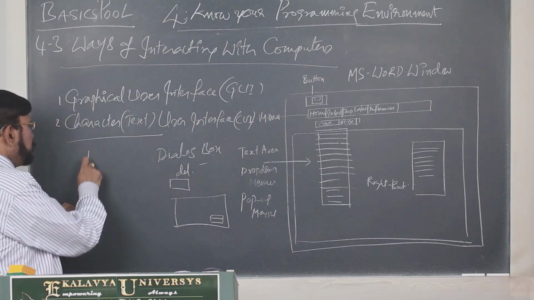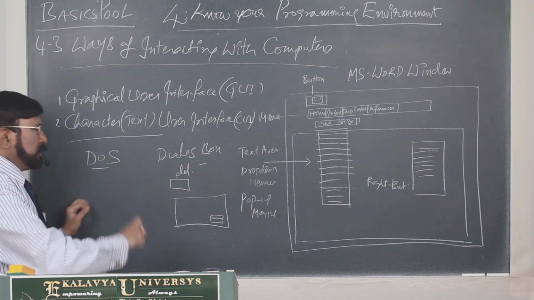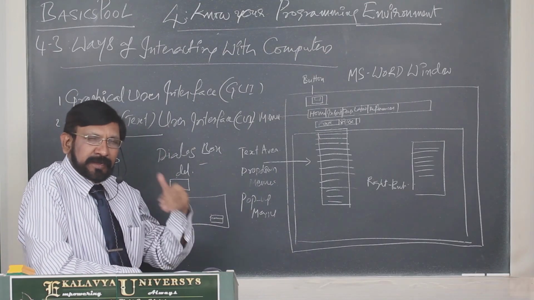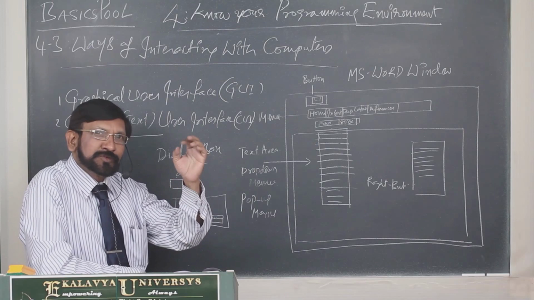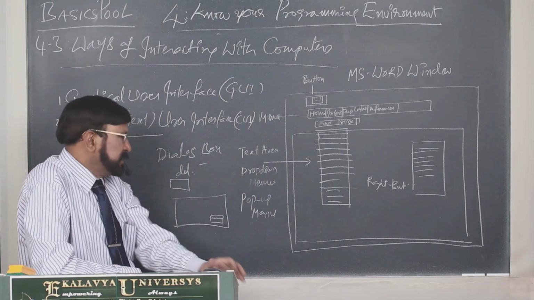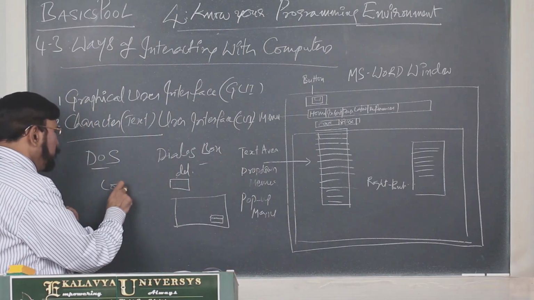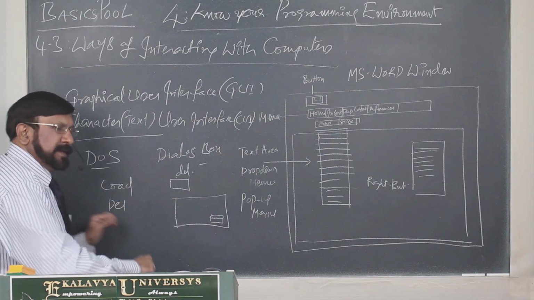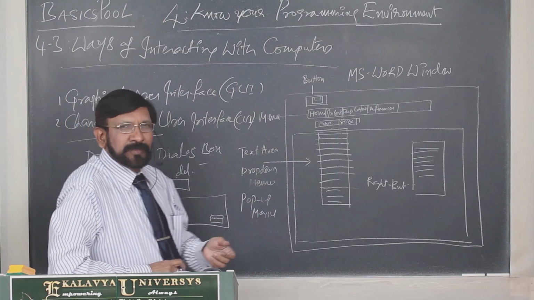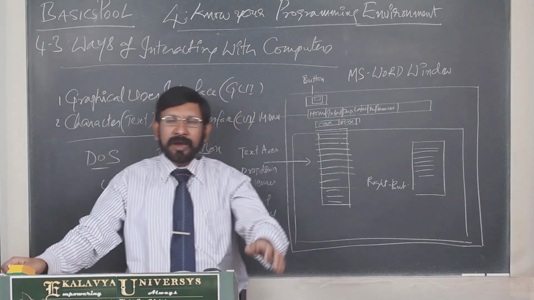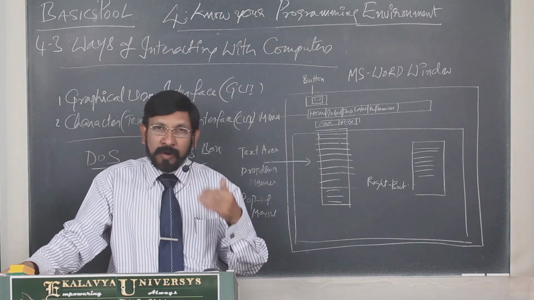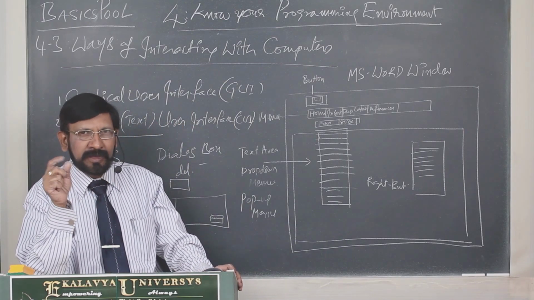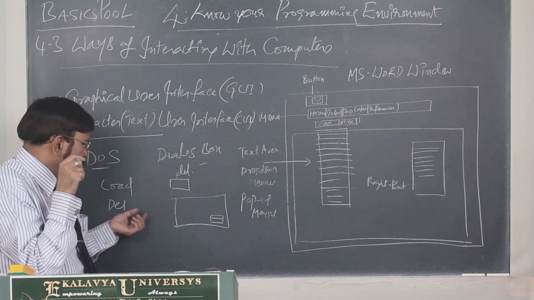Actually, mainly the DOS system uses character user interfaces. In this, for giving commands, we use text. We use text like load and del. Like that, we give textual commands. For this purpose, the operating system prompts us what we have to do. The operating system prompts us, then we give the corresponding command.